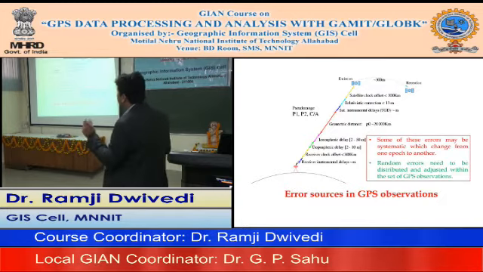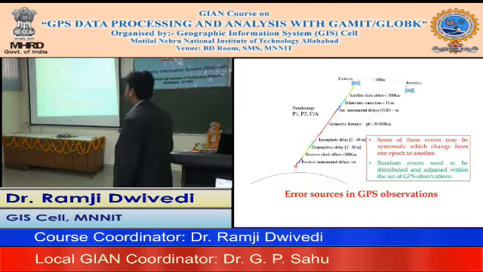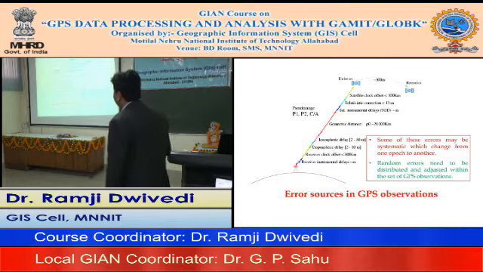Because of this, if your clock estimates are poor, you are prone to this much error. But we know certain kinds of error sources could be removed or reduced from the range because of those navigation messages. Similarly, satellite instrumentation delay, or total group delay as we call it, can all be removed because of the information which is coming from the satellite end.